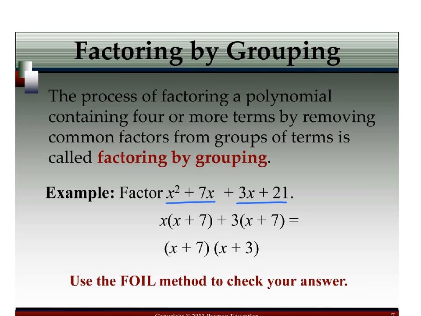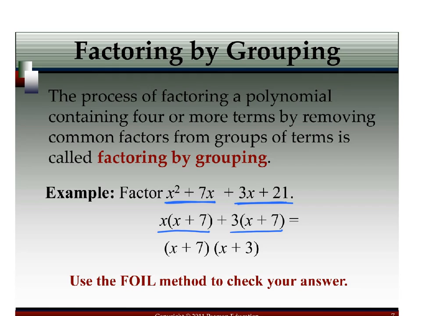Then factor out the greatest common factor between the first two terms, which is x, and so I end up with this right here. And then also factor out the greatest common factor between the last two terms, which is 3. So I get this. Now, what I get next is x plus 7 and x plus 7.